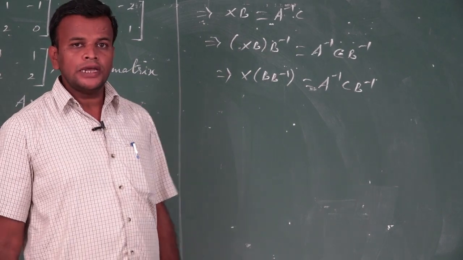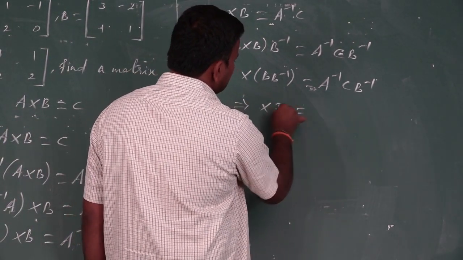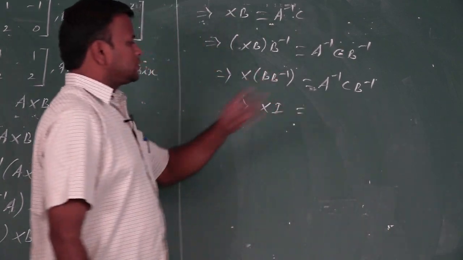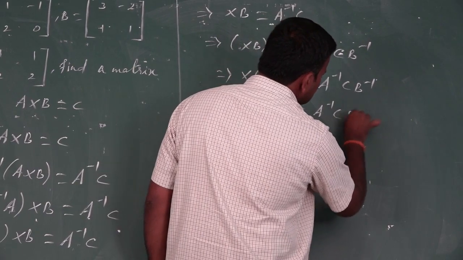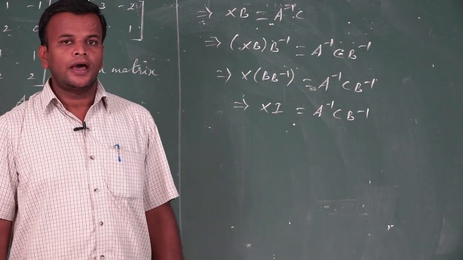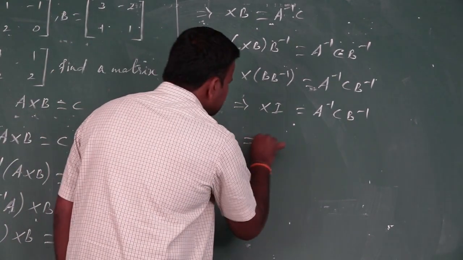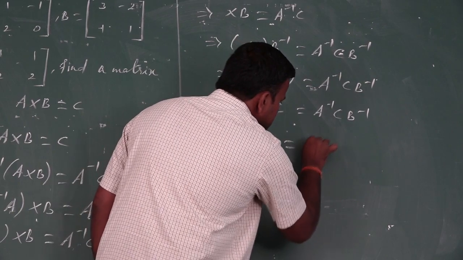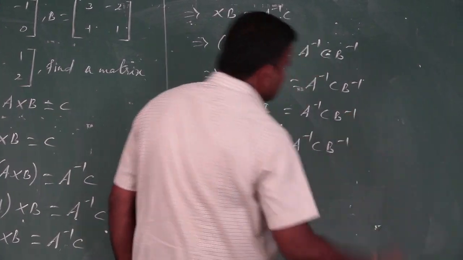That value is always an identity. So for X, I write I. X I is equal to A inverse C and B inverse. What is the value of X and I? I is the identity matrix, so that value is just X. So X is equal to A inverse C and B inverse.